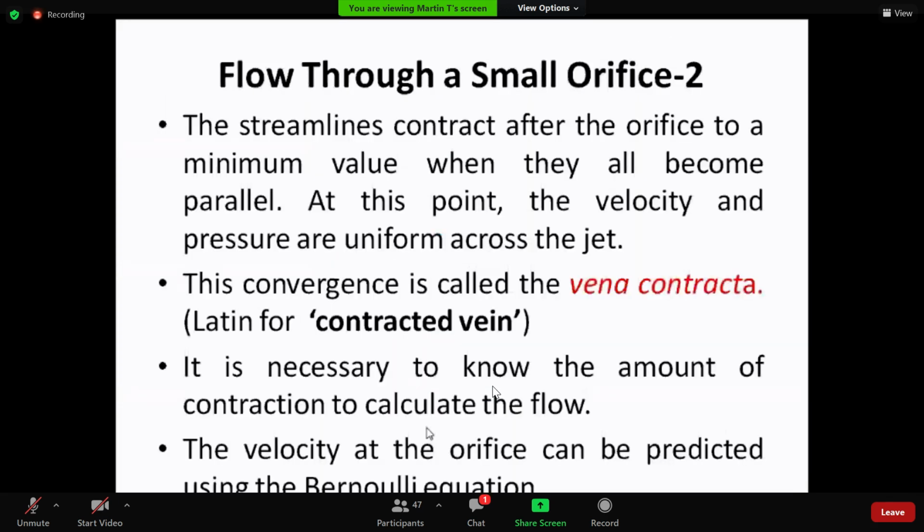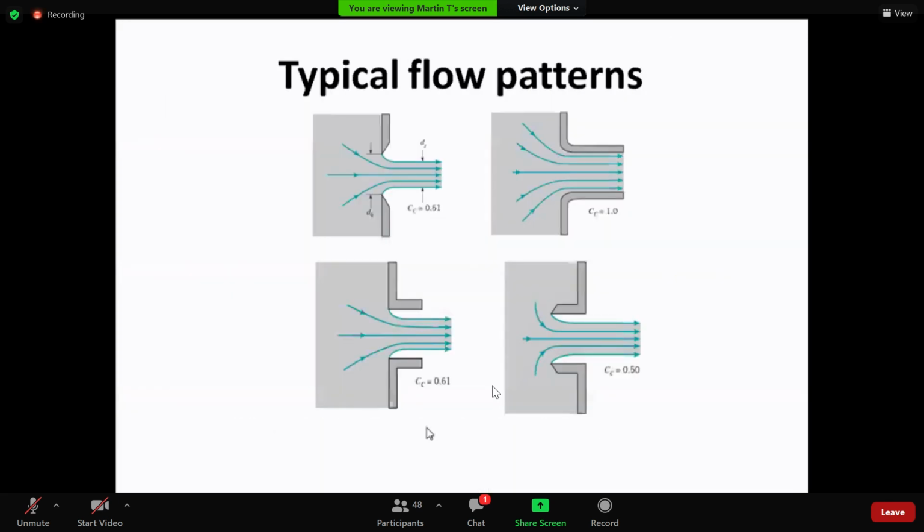So the streamlines, like you can see, at the start they are diverse, but they tend to concentrate just outside the tank.